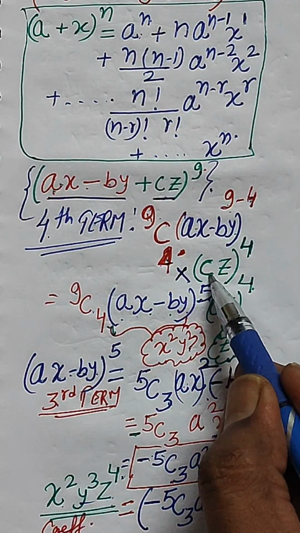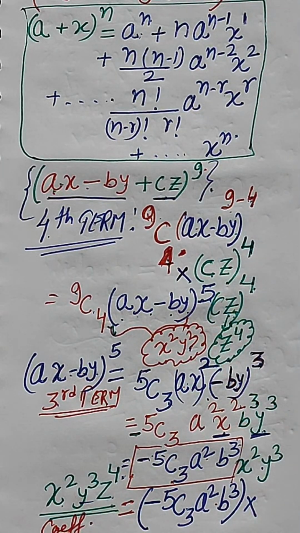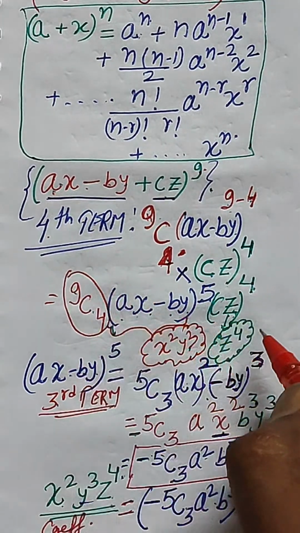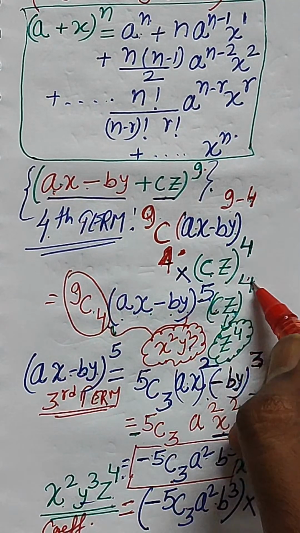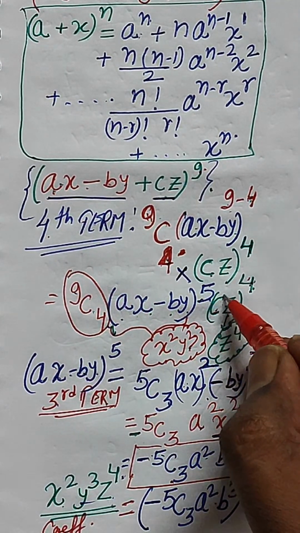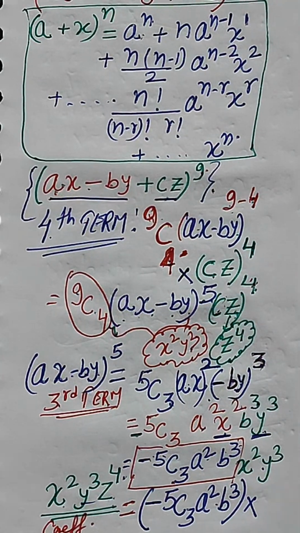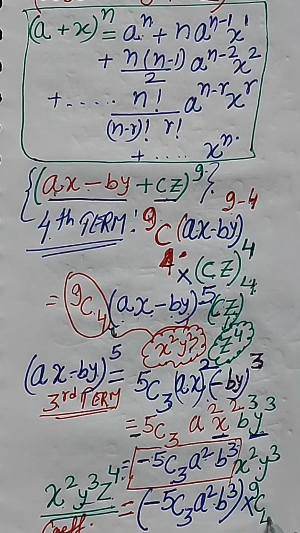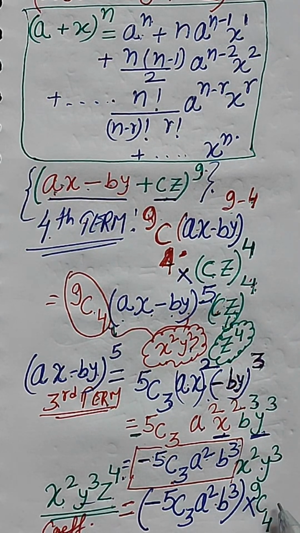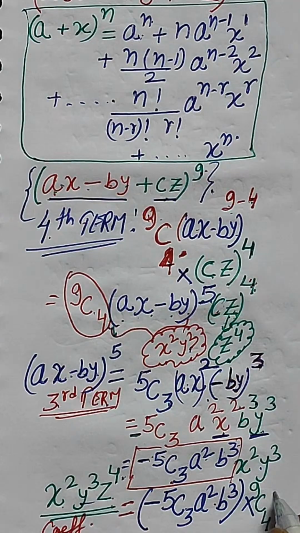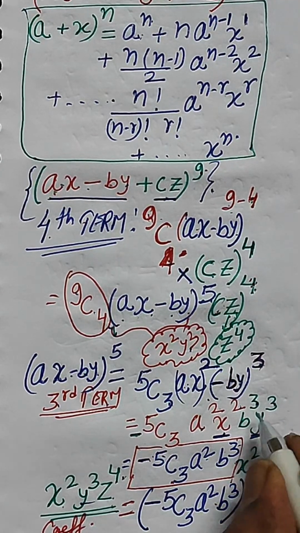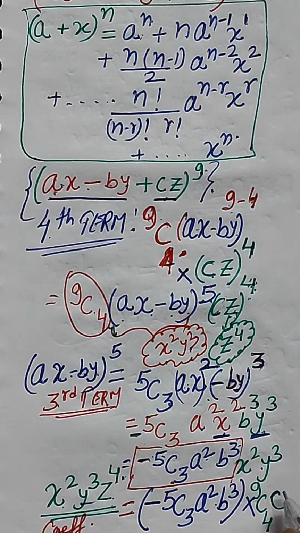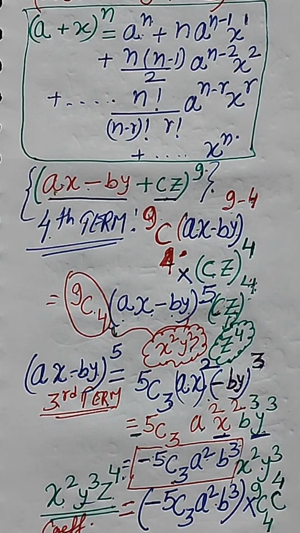And this c power 4, this one. So it will be 9c4 multiplied with this one, c power 4, because z4 will be left, c power 4.